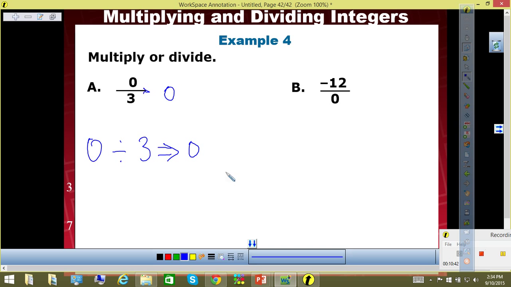Are we there? Let's see. What is the sign for the answer here? It's negative, but since it's being divided by 0, it's usually no sign, right? Because 0 is not either positive or negative. However, this answer is not 0. And this could be written like this, negative 12 divided by 0. This answer is undefined.